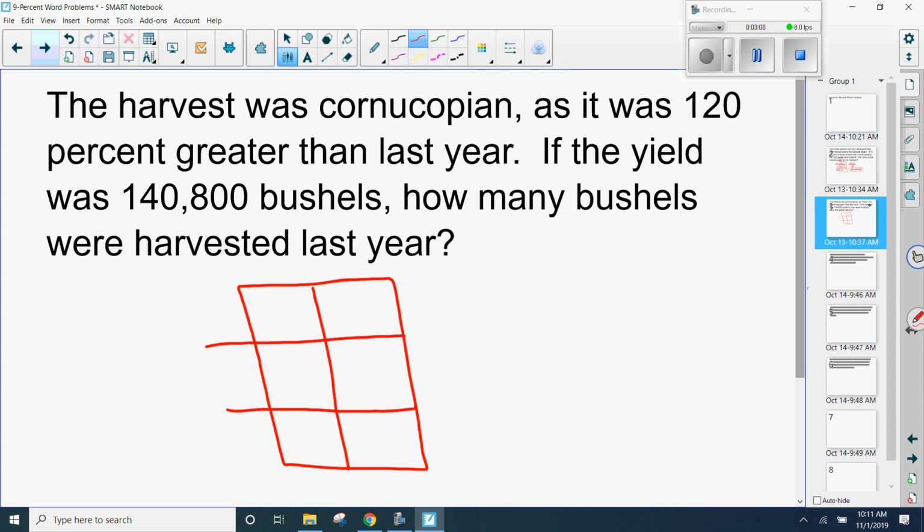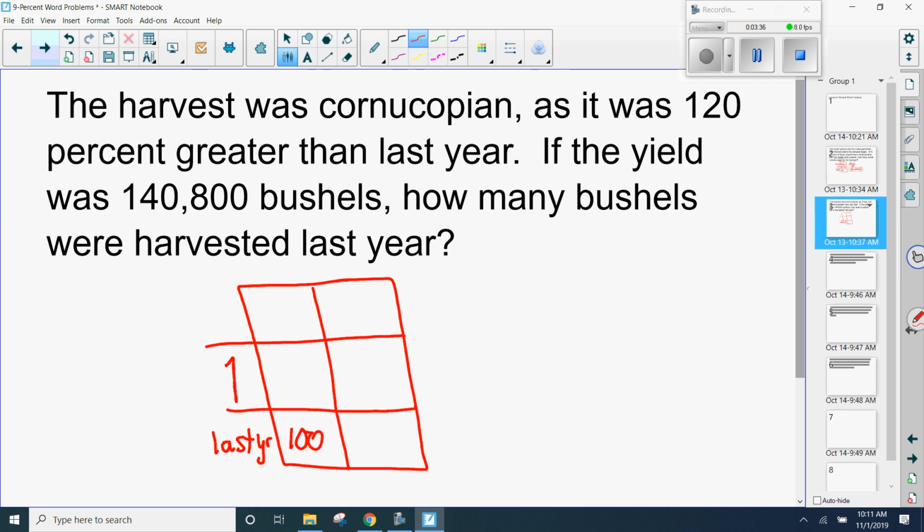So when you go through this one, these are a little bit backwards because your largest percentage is not on the bottom. What happens is that you have last year, that's your reference point. So last year has to be 100%. And then I like to look at it this way. As it was, the harvest was 120% greater than last year.